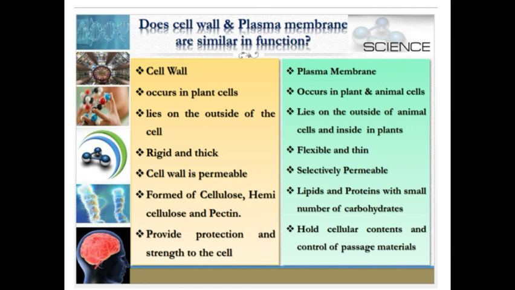The plasma membrane is formed of a lipid bilayer and integrated proteins with a number of carbohydrates in the form of oligosaccharides. The cell wall provides protection and gives strength to the cell, whereas the plasma membrane holds the cell content and controls the passage of material. Right, children?